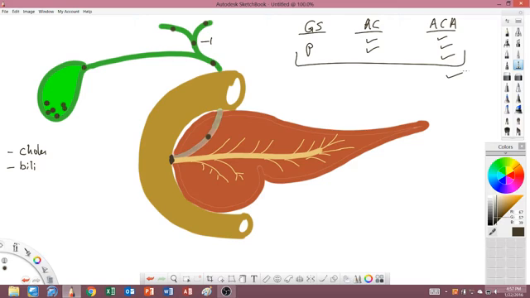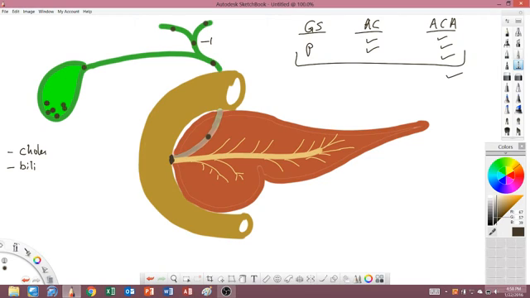What do we call that sign? Murphy's sign. Pain will increase with inspiration, because when you inspire, you contract the diaphragm, and it pushes the gallbladder and causes pain. Okay. Or if you increase intra-abdominal pressure. Okay, good. So these are some things.